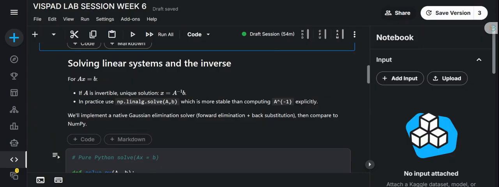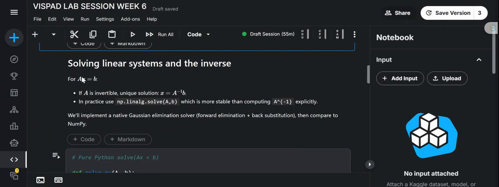The next thing is we are going to see the relevance of finding or knowing the inverse of a matrix. As I mentioned, you can use that inverse to solve for an unknown variable in a certain linear equation. In this case, a well-known and popular equation, Ax = b.